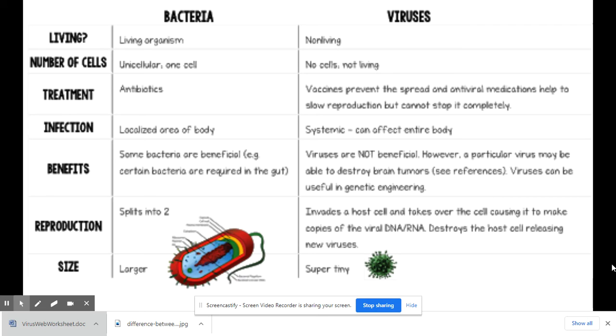One of the things we're going to spend some time looking at too is how do we treat problems with bacteria, like bacterial infections, compared to viral infections. And this talks about that a little bit more in the diagram. Also, keep in mind some of our bacteria and viruses could potentially be used in positive ways. Bacteria, there's some that are good for us, and viruses, there's actually a lot of viruses that we can use to help out with some illnesses.